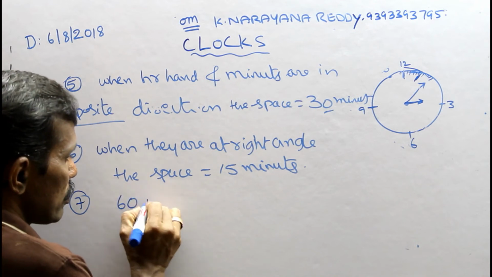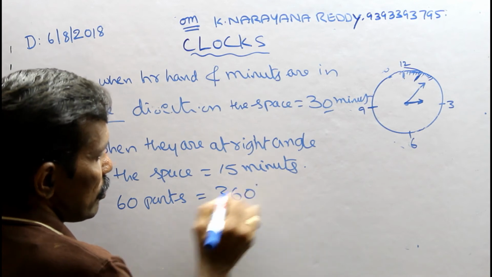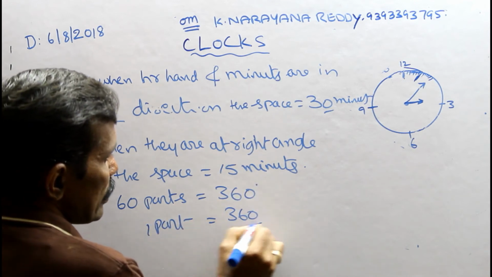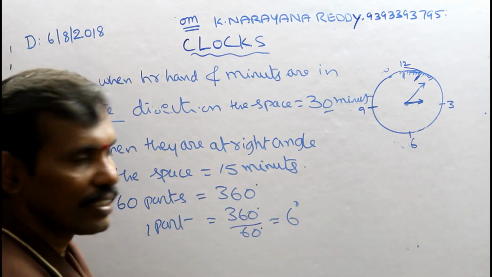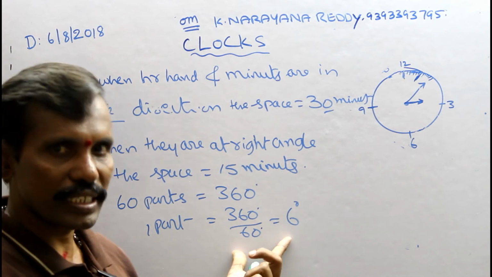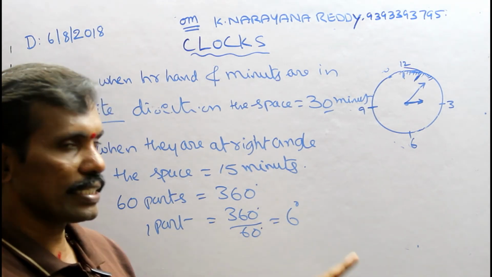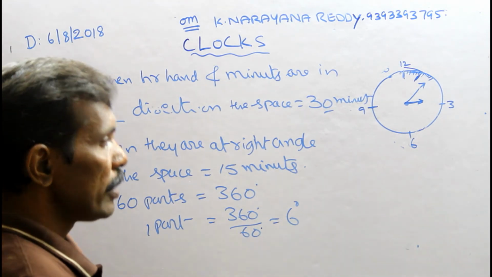60 parts equals 360 degrees. One part is equal to 360 by 60 equals 6 degrees. So each part equals 6 degrees. That is 6 into 60, 360 degrees. That is the total.